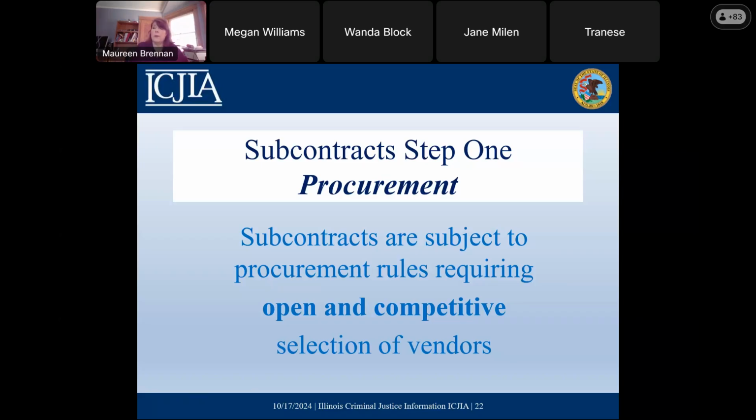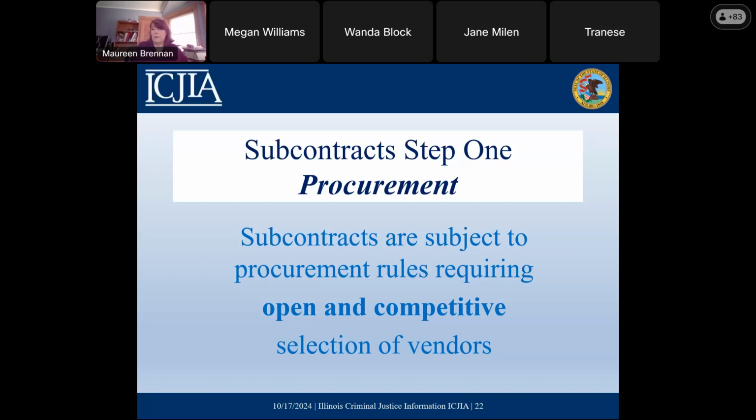So you kind of mirror the work that we do when we oversee our grantees.